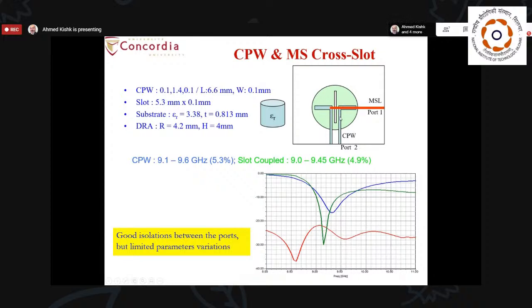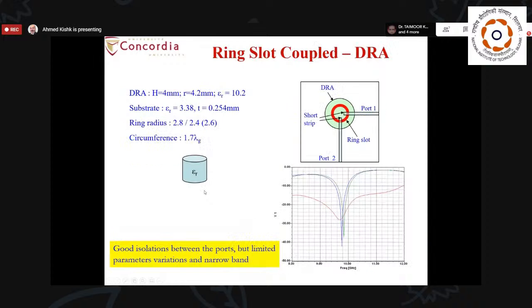So you can see that there is good physical isolation between the CPW and the microstrip line. And although this is a narrow band type of dielectric resonator that achieved only 5%, the mutual coupling between them is really not bad in a wide frequency range, below 22 dB, much better than before, by having two different types of excitation.